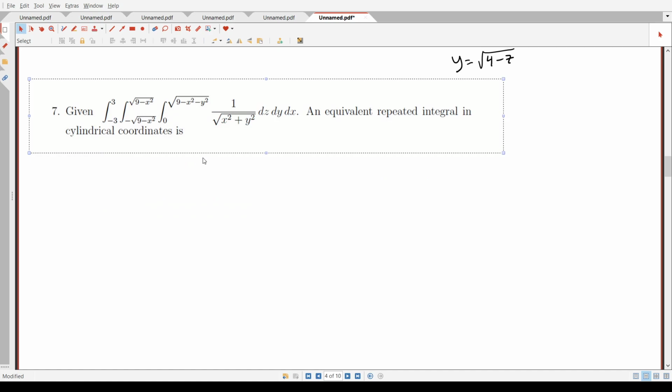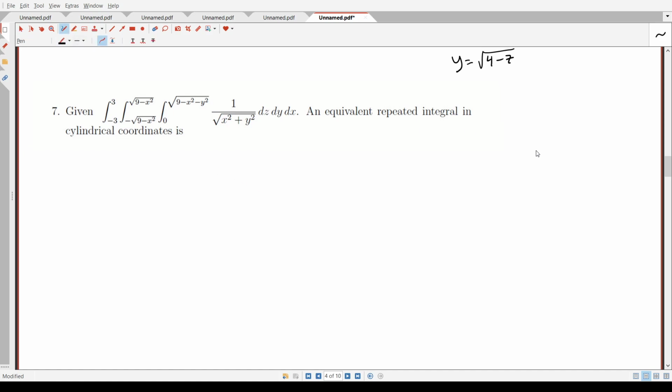Okay, so like I said two questions ago, if I have x squared plus y squared, that's going to be r squared. So if I have x squared plus y squared, I should think polar or cylindrical. If I have x squared plus y squared plus z squared, I should be thinking spherical.